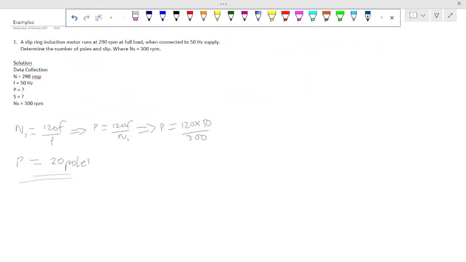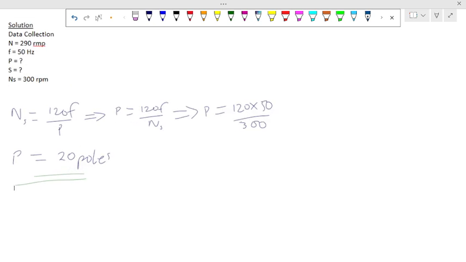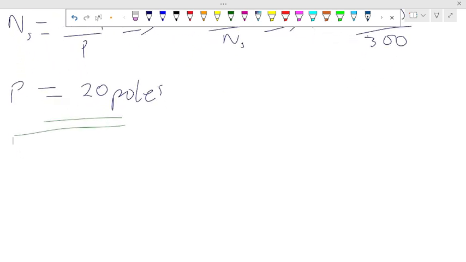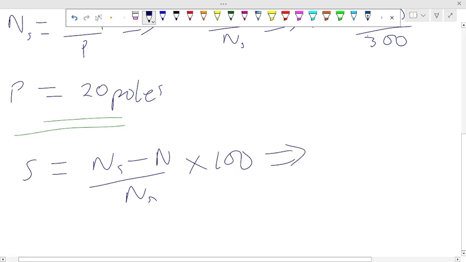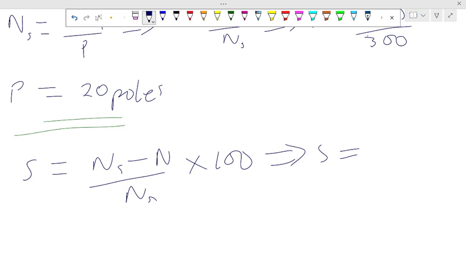So we'll go to the second one, which is for slip. Remember, slip is just the difference in speed, divided by the synchronous speed. Let's say slip in percentage, so it is multiplied by 100. Of course, just put in the values. Ns is 300.